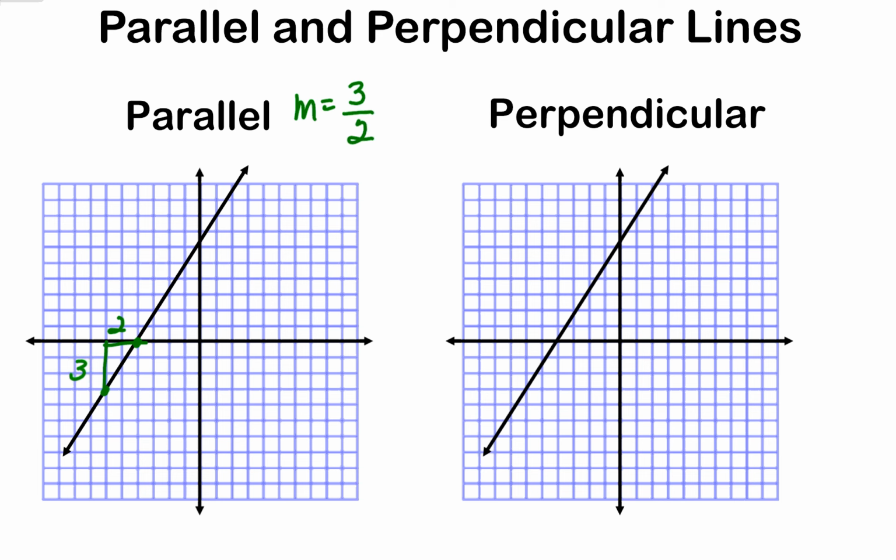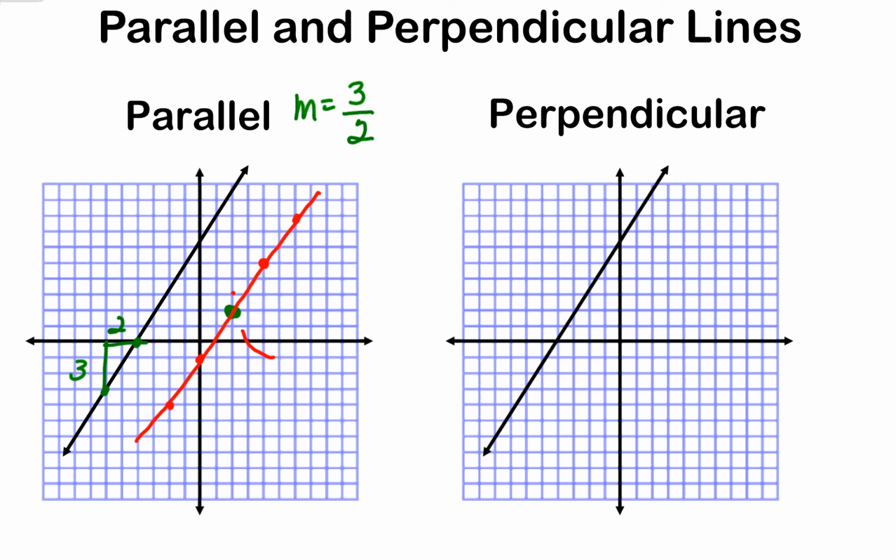And if I were to take a point, let's say 2, 2, and I wanted to plot a parallel line, I would use that same slope. I'd go up 3 and over 2, up 3 and over 2, down 3 and over 2, down 3 and over 2, and I just connect those points.